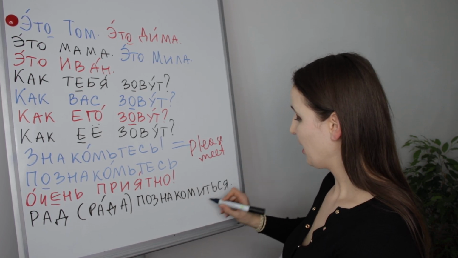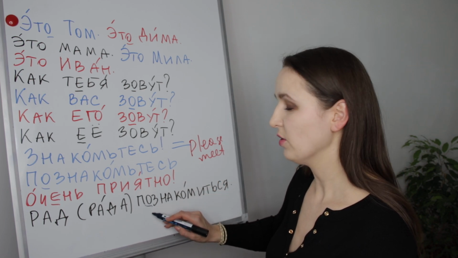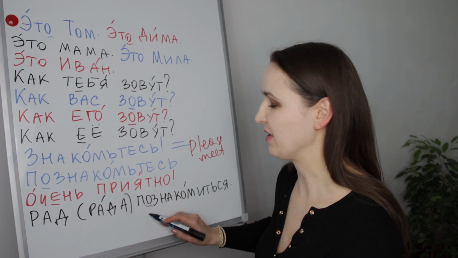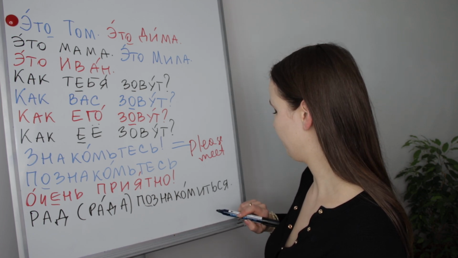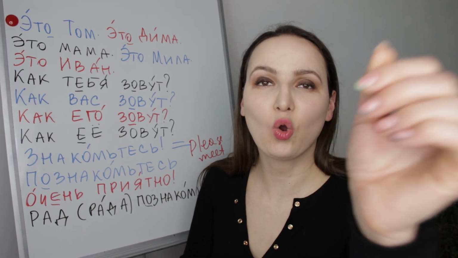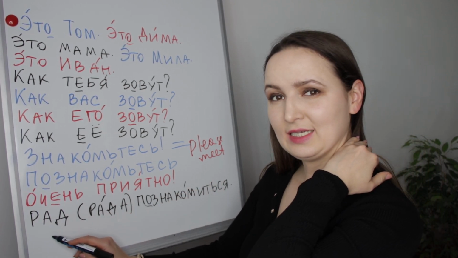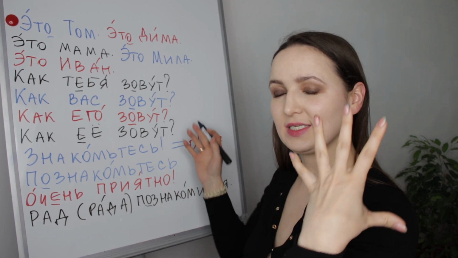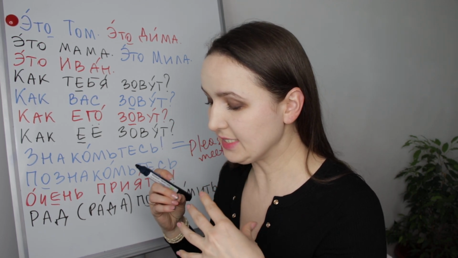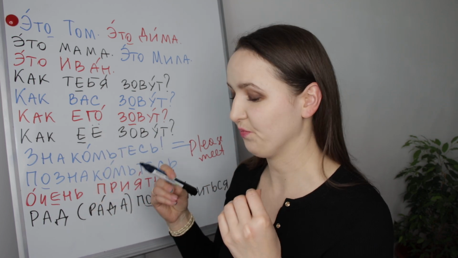O, unstressed, will be pronounced as A. Познакомиться. So, рад or рада познакомиться. Pleased to meet you. Or glad to meet you.